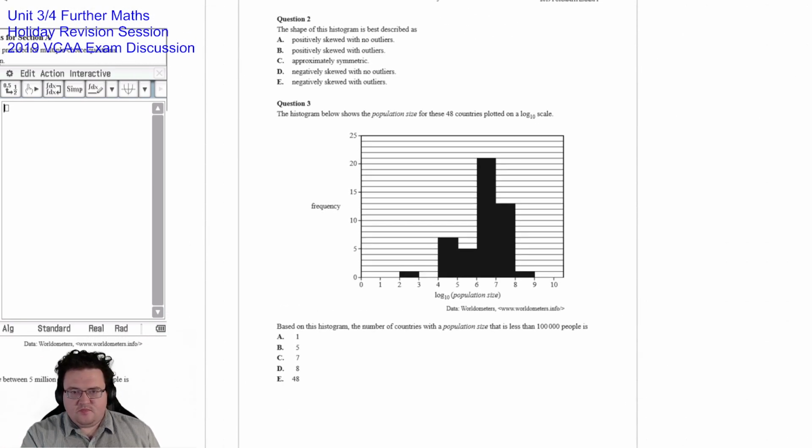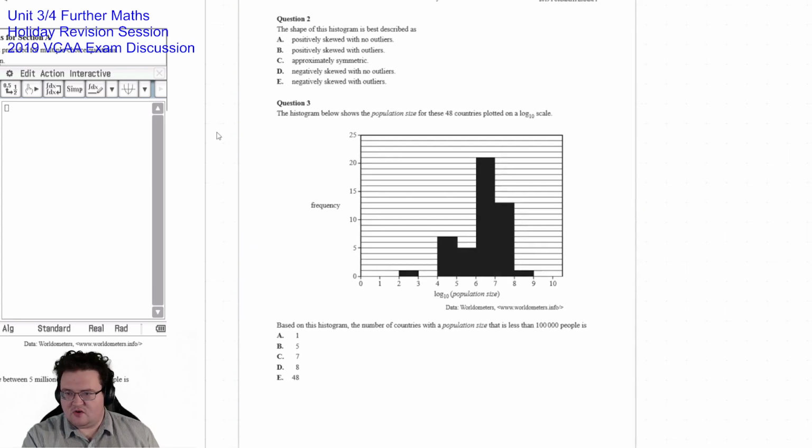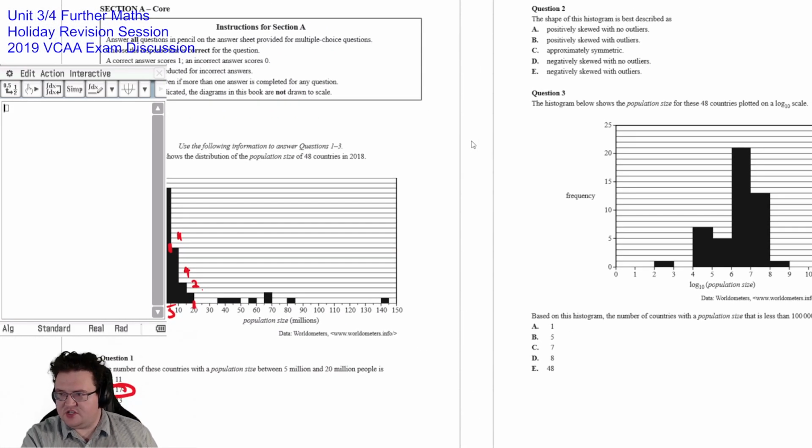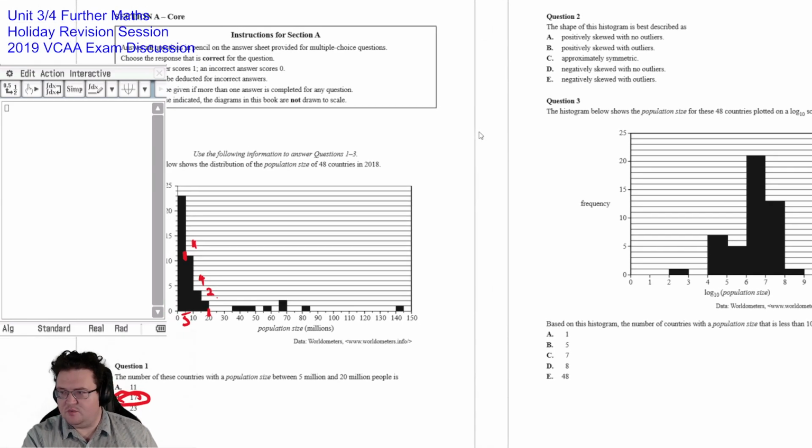Question 2. The histogram is best described as: positively skewed with no outliers, negatively skewed with no outliers, positively skewed with outliers, or negatively skewed with outliers. So I would instantly be looking at this going, that's an outlier. So whatever we decide, it needs to have outliers.